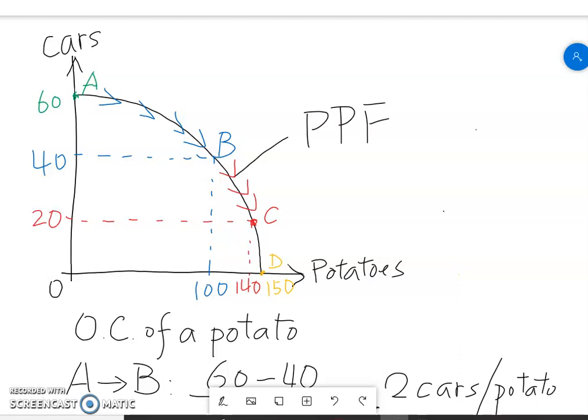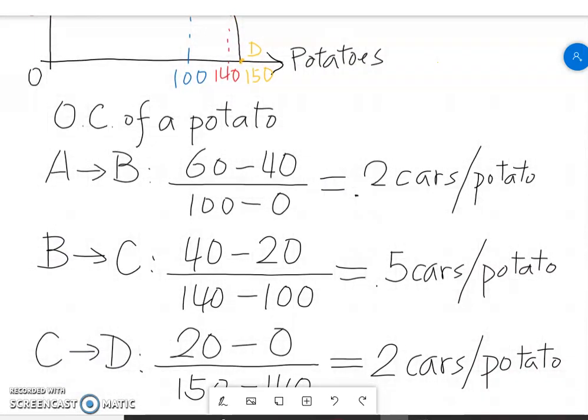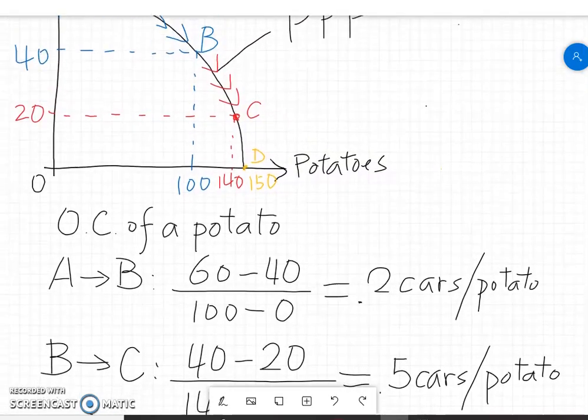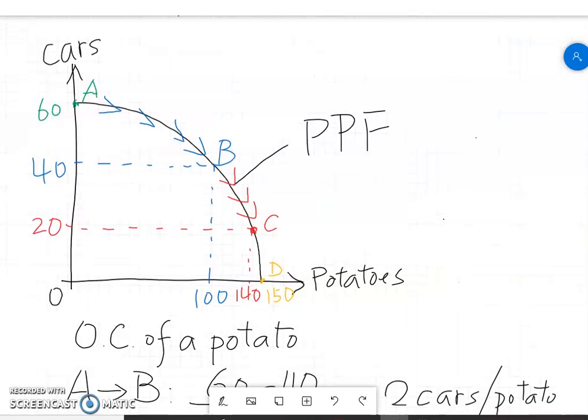Okay, again, the same thing happens from B to C and C to D. Okay, so here the opportunity cost tells us this trade-off the economy faces. Okay, and remember we said that we talk about the opportunity cost because we want to look at why the PPF is bowed out, right?